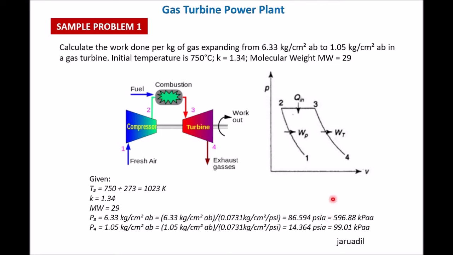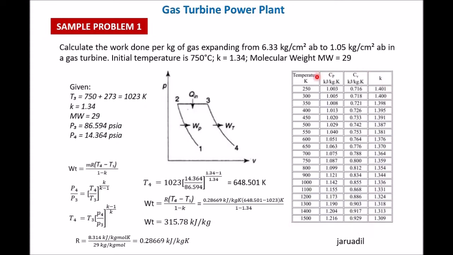So 101.325 kilopascal and 14.7 PSI are equivalent atmospheric pressures. So that is how it is being converted here. I hope I have already told that to you, how to convert pressures from English to SI units.